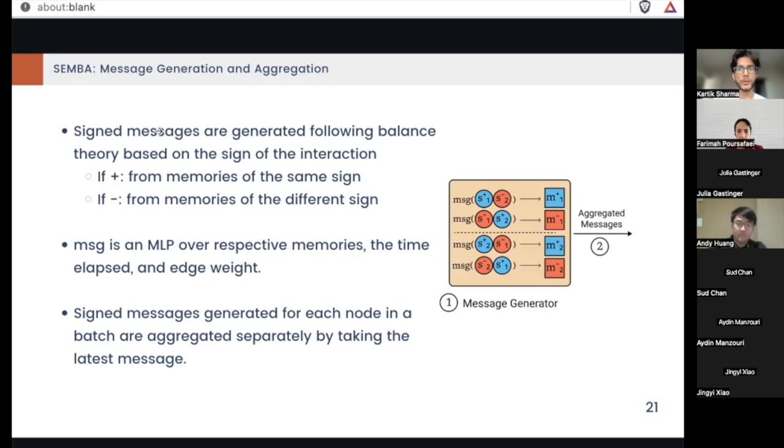So I would say no, because this idea of balance makes sense only when there is a clear polarity of the relationship. Balance theory has been studied not only in social networks; they have studied this theory in other networks as well, and found that it exists.